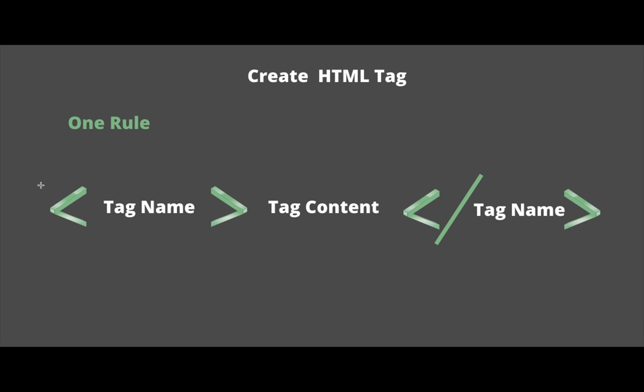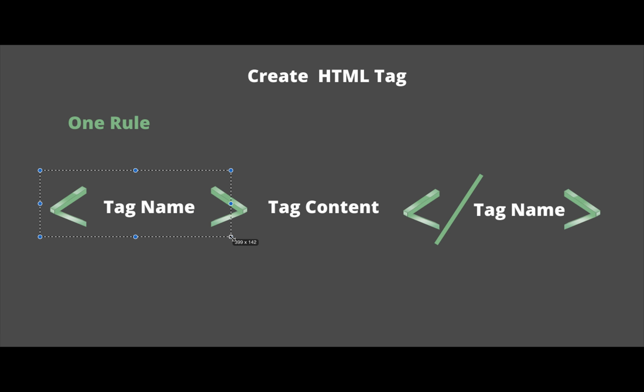So once again we have to open a smaller than and a greater than sign. Between these signs we have to add our tag name. Do not worry about the tag names, I'm going to show you the tag names in the next video, but for the time being I want you to understand that in order to create a tag, first of all we have to open a smaller than and a greater than sign.